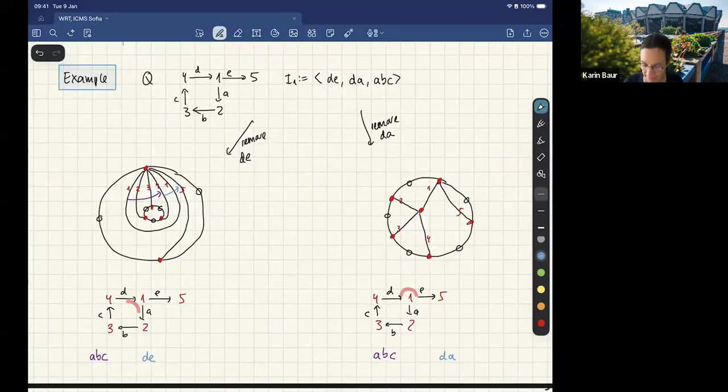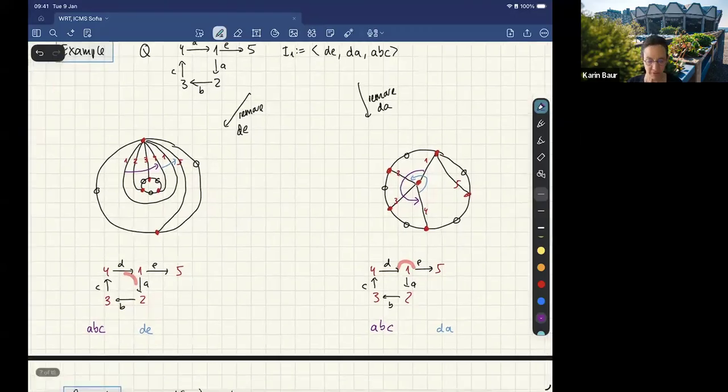And then I have to add the labels at the end. So now I'm just copying from my notes: DA and ABC. So these two surfaces are for sure not homotopic or homeomorphic. One of them has a puncture and one has two connected components in the boundary. Okay, let's continue.